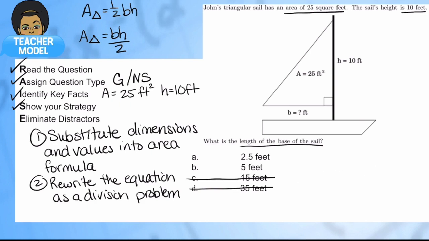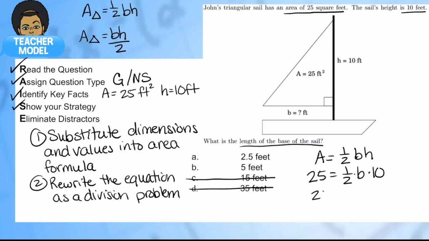All right, so let's try this out. Let's actually do our process. We've already eliminated. We're down to 2 possible answers, 50-50 chance. So area is equal to 1/2 base times height. We know what the height is, 10, so we don't know what the base. Base times 10. But we do know the area is 25.